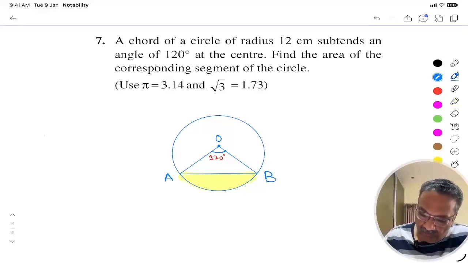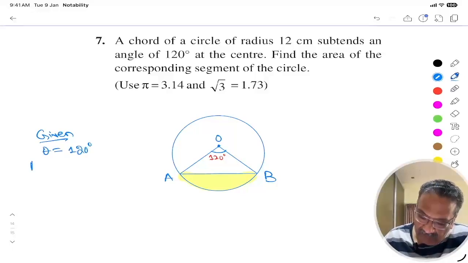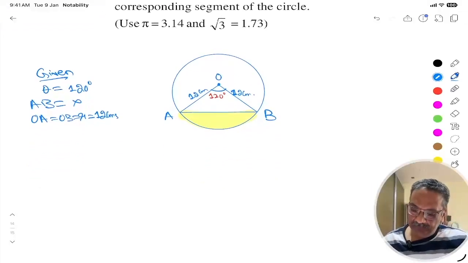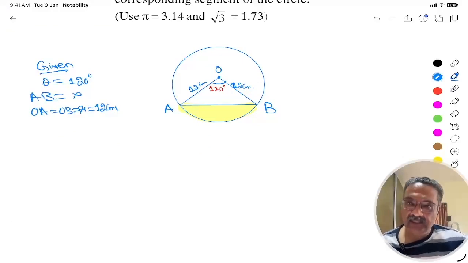Alright. Now what is given? We have given theta is equal to 120 degrees here and length AB is not given, and radius is given. See, radius OA is equal to OB is equal to R is equal to 12 centimeters. Now, so theta is known, R is known.